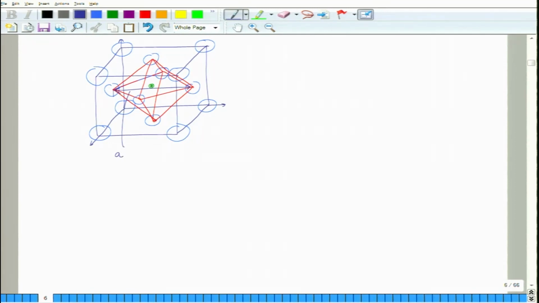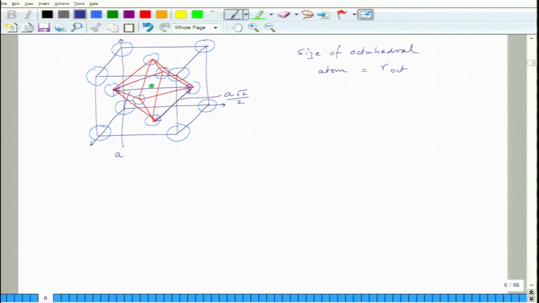And these lengths are A root 2 by 2. There is nothing but face diagonal, right? So let us say the size of the atom which fits in the octahedral interstices is R oct.